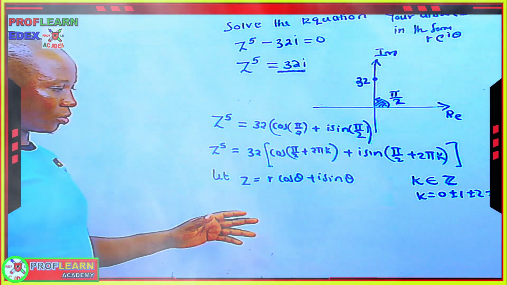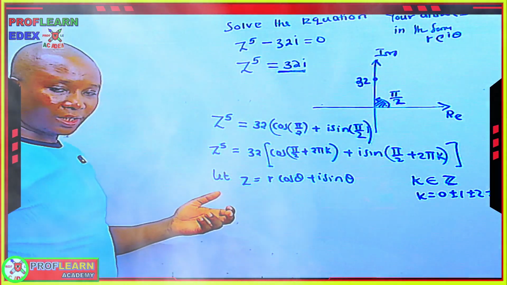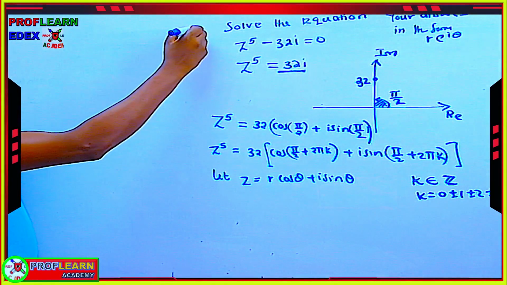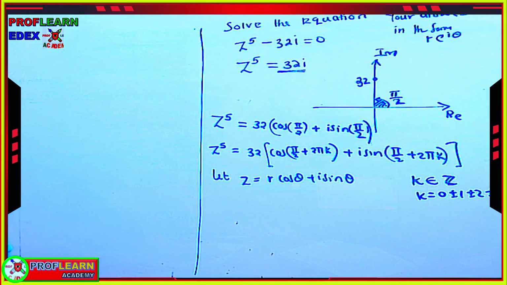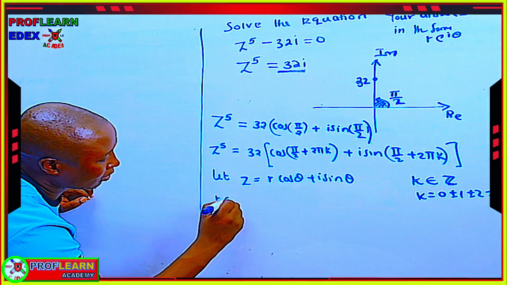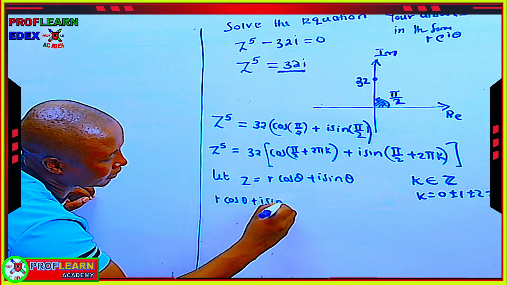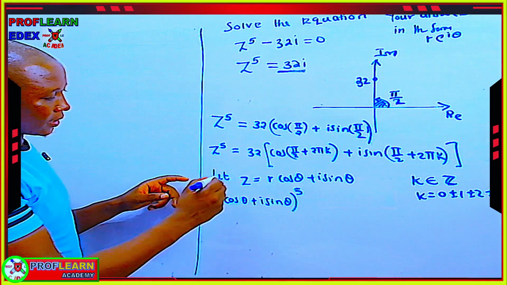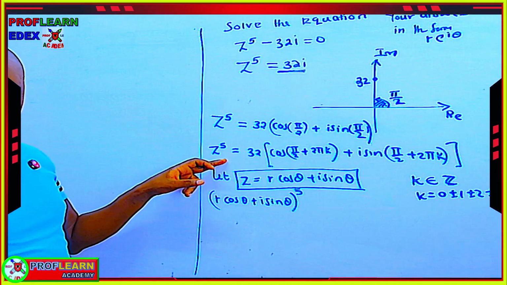So that is the approach we're going to use, so that we can say z raised to power 5 is going to be what. Let me write here. Our equation can be written as r into bracket cos theta plus i sine theta, raised to power 5, because we are saying that let z be this, but our z was raised to power 5.